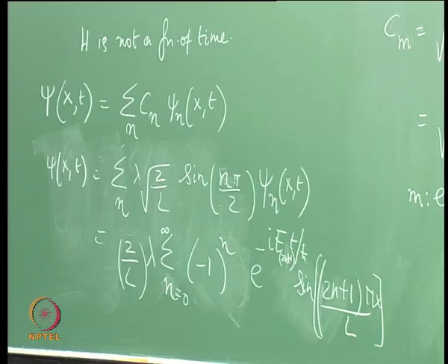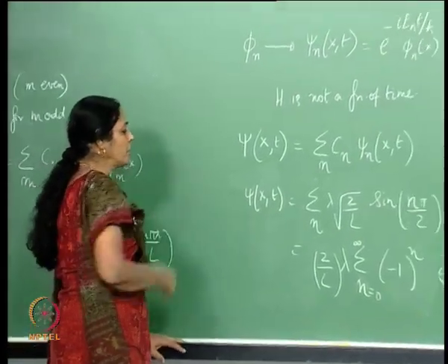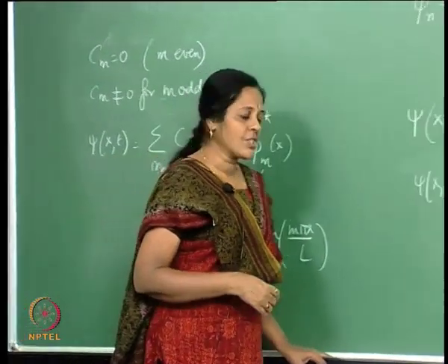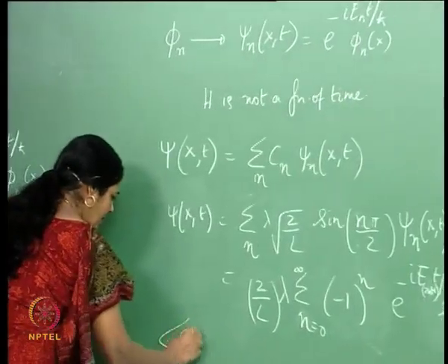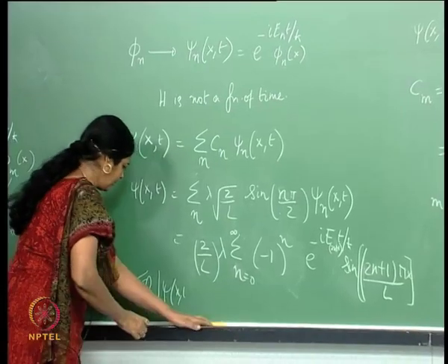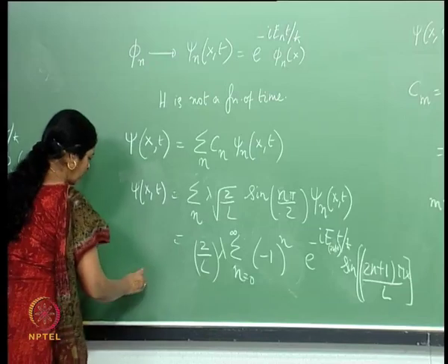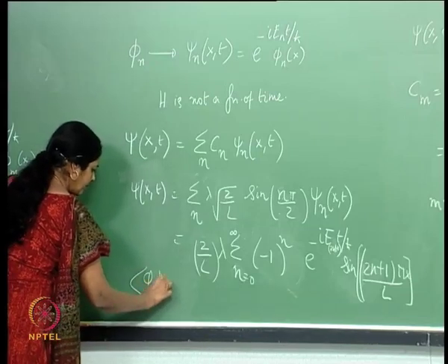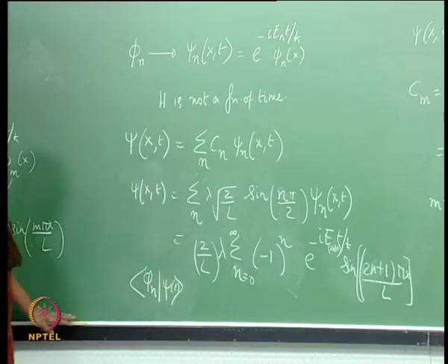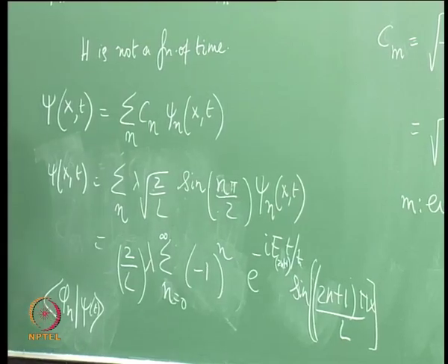I ask the question, what is the probability that psi of x comma t is in some eigenstate phi n? In other words, what is the probability that this wave function happens to be in an energy eigenstate?